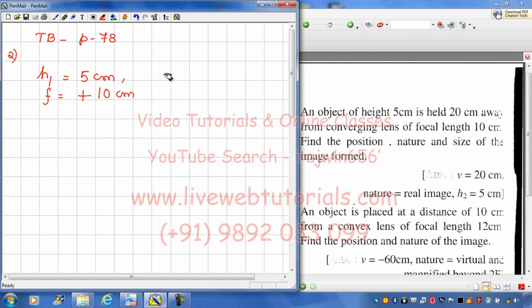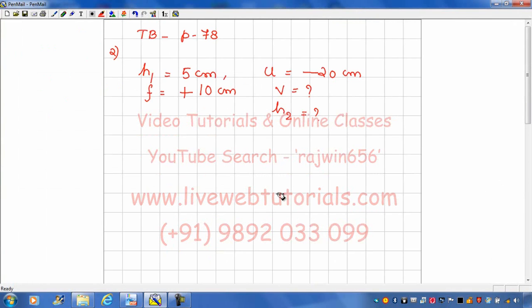Okay, here the object distance u that is given to you, that is 20 centimeters, which is always negative. We are supposed to find v, we are supposed to find h2, that is the height of the image. Now here we are going to use the lens formula, that's 1 upon f is equal to 1 upon v minus 1 upon u.